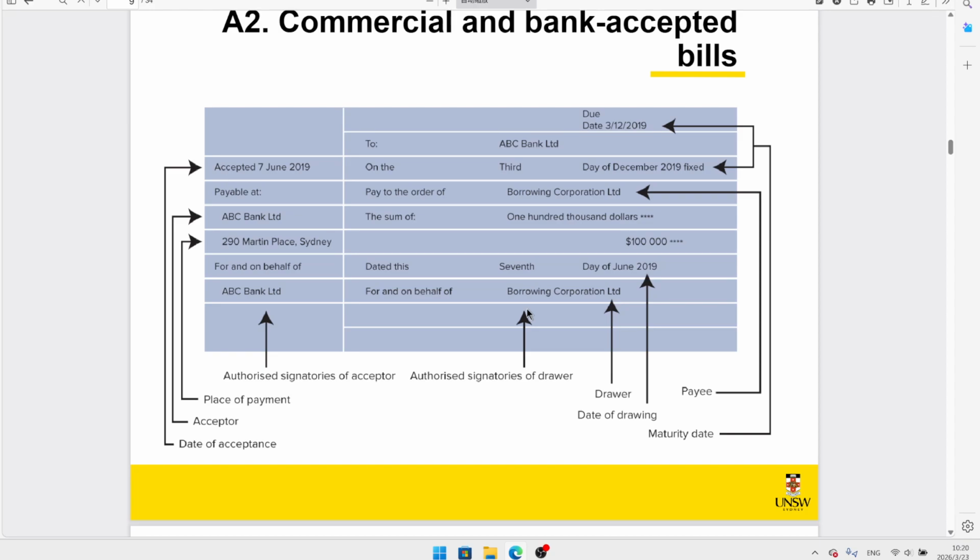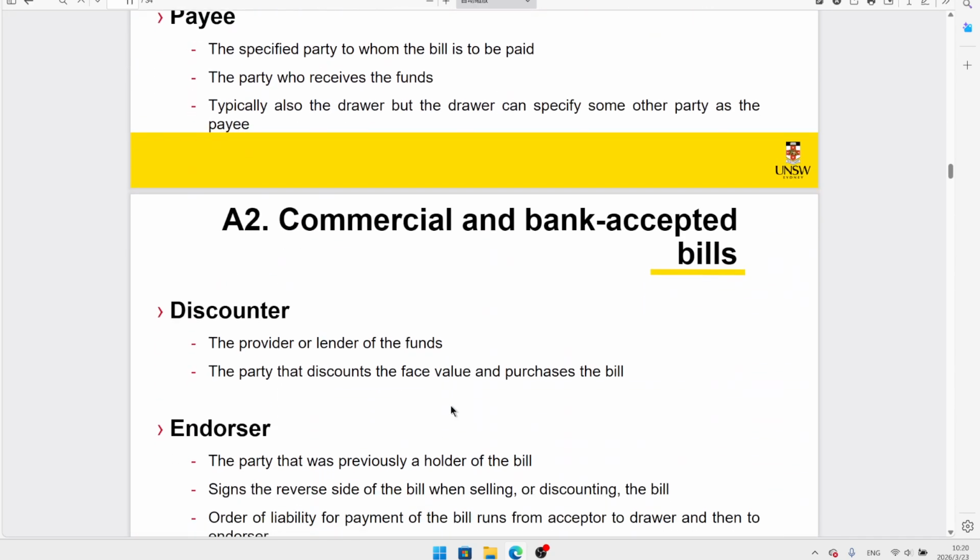We can see the acceptor is ABC Bank. The drawer is the borrowing corporation Ltd. It is a bill accepted by ABC Bank Ltd.